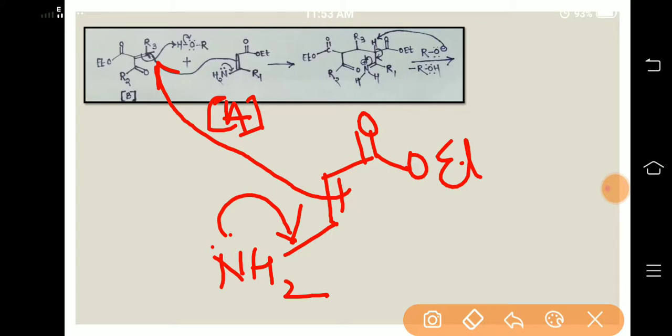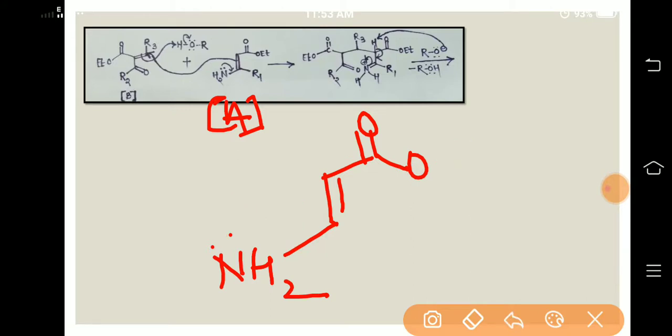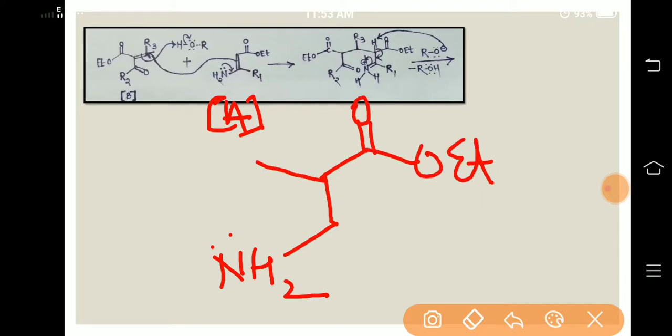Hence, here the formation of a carbon-carbon bond takes place. Here is a carbon-nitrogen double bond.